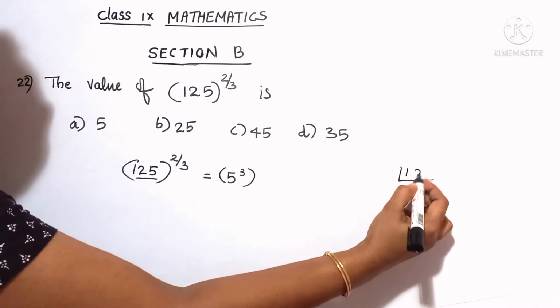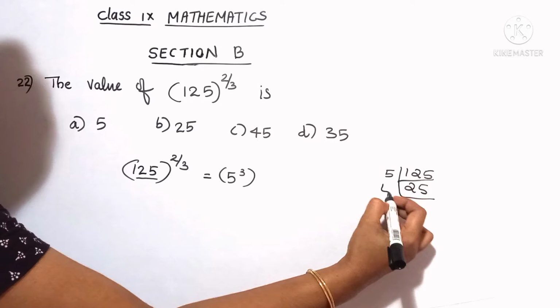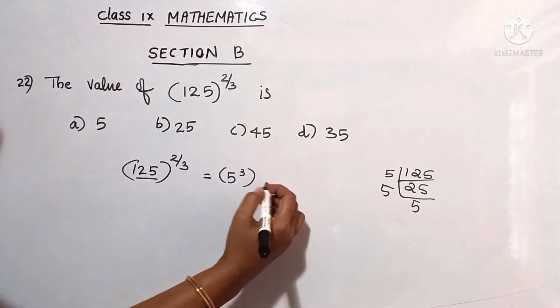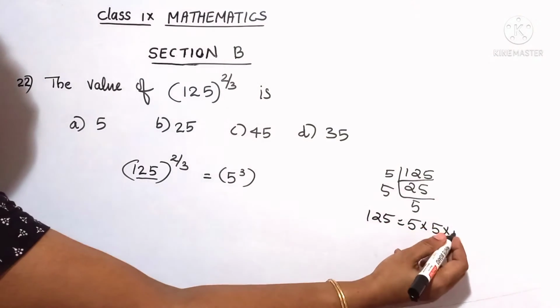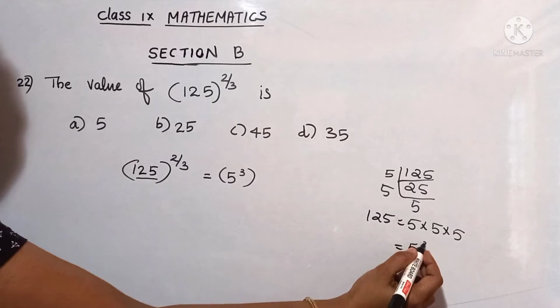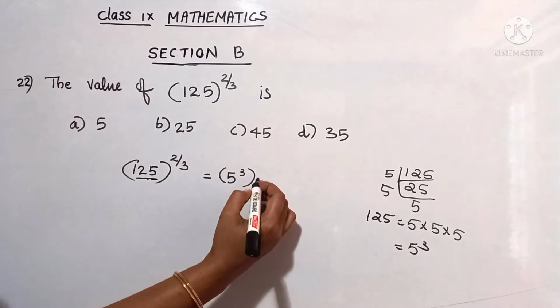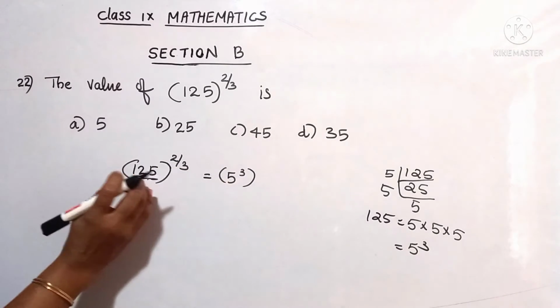If you don't know that, we can write it this way: 125, 5, 25, 5 and 5. 5 into 5 into 5, that is 5 cube. 125 is equal to 5 into 5 into 5, which is 5 cube.